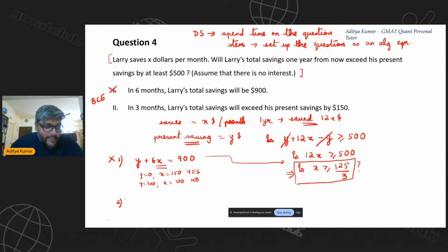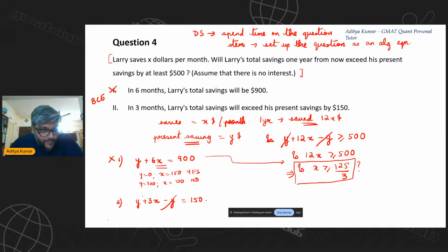Now I'll go to the second statement. In 3 months, Larry's total savings will exceed his present savings by 150. So in 3 months, every month he's saving X, so he would save 3X. Larry's total savings, so that will be Y plus 3X, will exceed his present savings, so that is minus Y, by 150, is equal to 150.